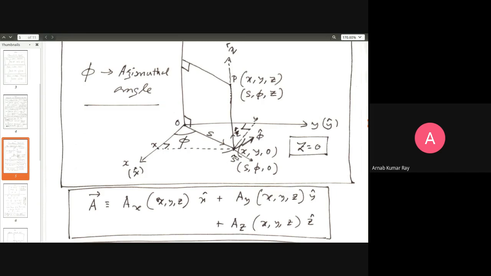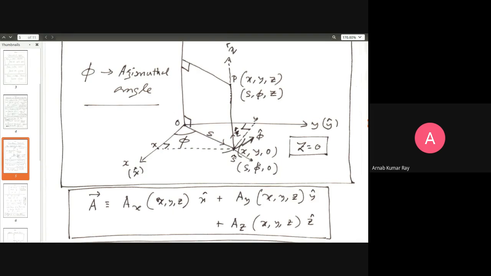So what is the unit vector phi? Unit vector phi is phi cap. Phi cap is tangential to this circular path, whereas S cap is along the radial vector, which we are calling S here. S starts from the origin of coordinates and goes outward, so it is along the radial vector.